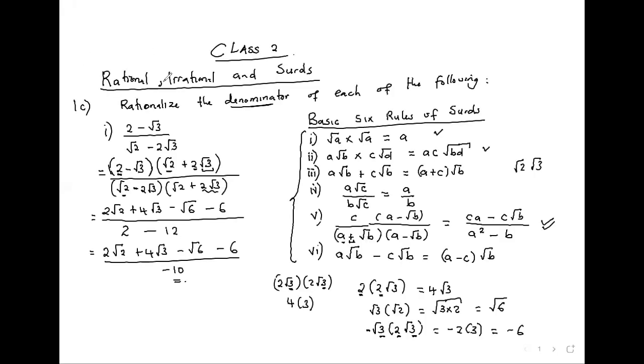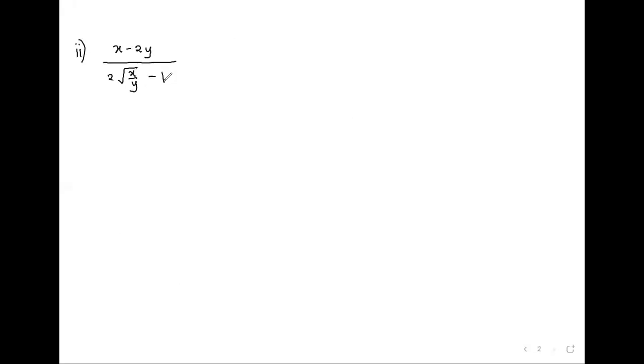So you go to property number 5 and you multiply everything. Multiply the denominator by almost itself, just changing the middle sign, plus 1. Whatever you do down, you also do up. You put brackets and then do 2 root x over y plus 1.